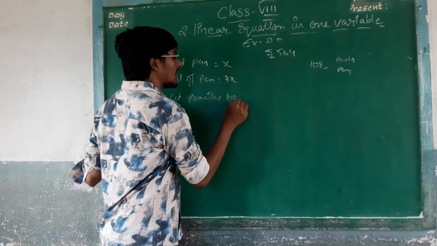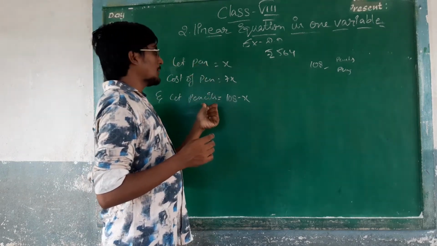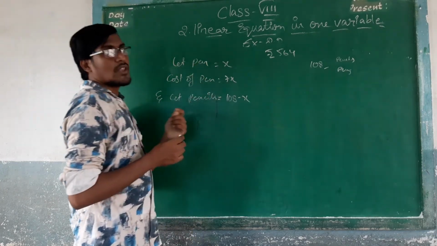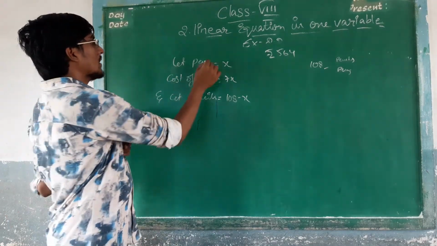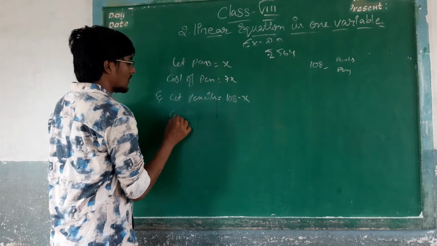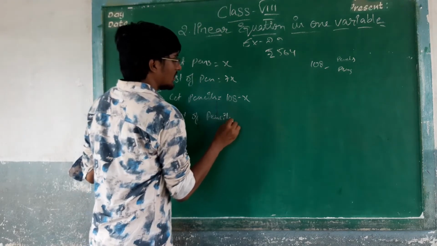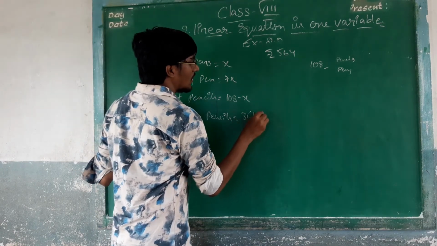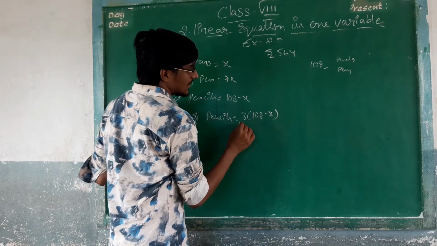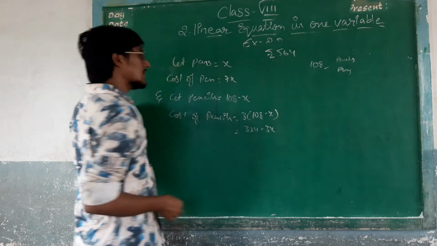So it will become 108 minus x, because totally you have got pens and pencils. Okay, so that way we have taken 108 minus x. Therefore cost of pencils equal to 3 into 108 minus x, that is equal to 324 minus 3x.